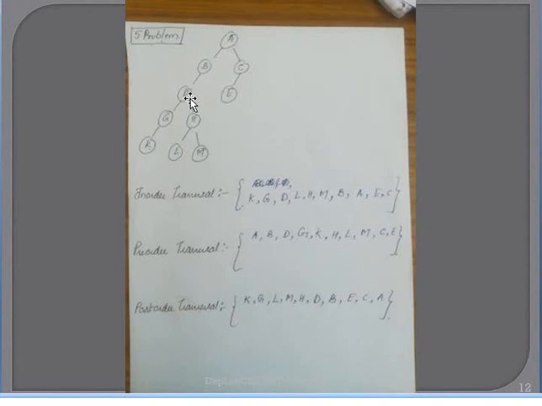A, B, D, G, K. After that we are visiting H, L, M. After that we are visiting C and E. So this is the pre-order traversal.